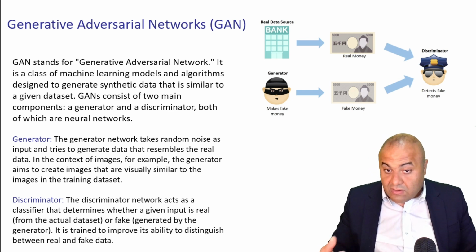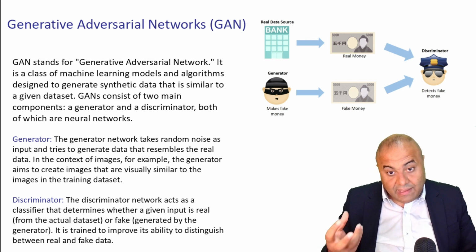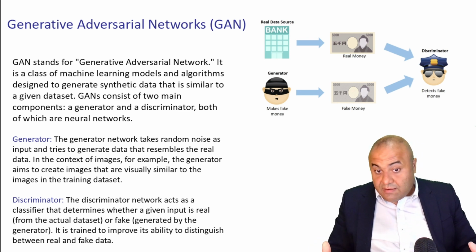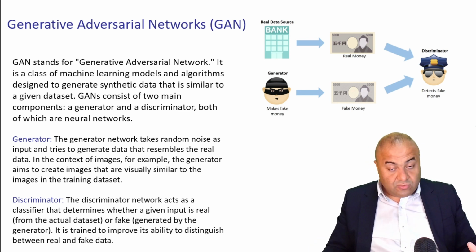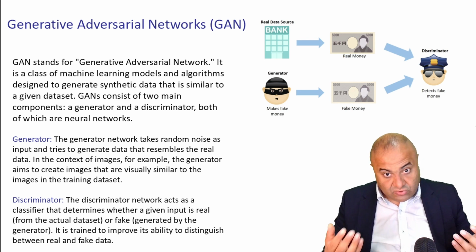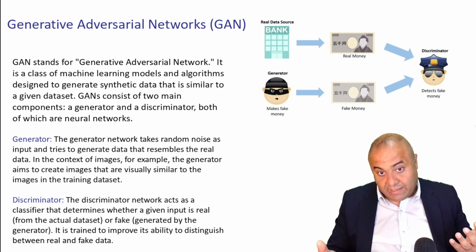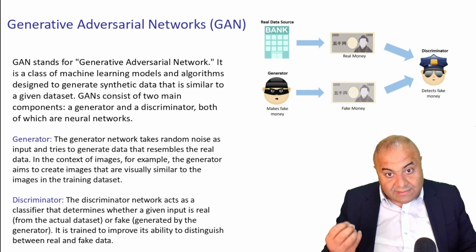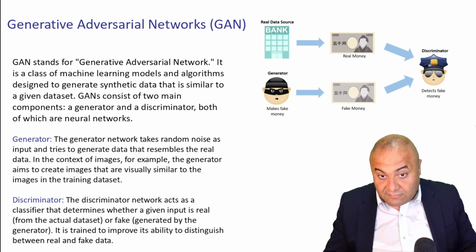On the other hand, we have real data, real images of currency, and the discriminator's job is going to be to look into the two currency images and realize which one of them is real and which one of them is fake.